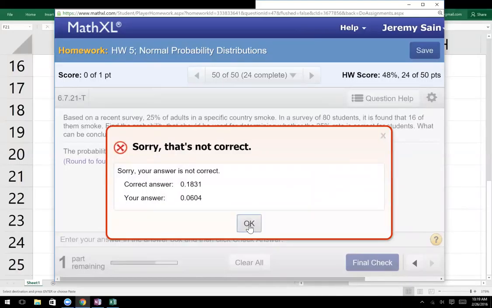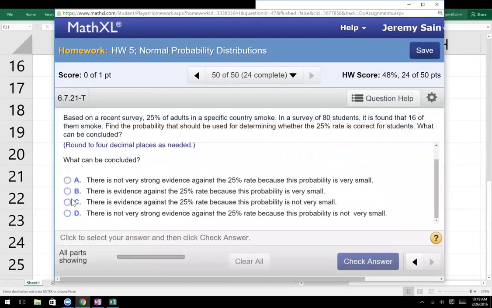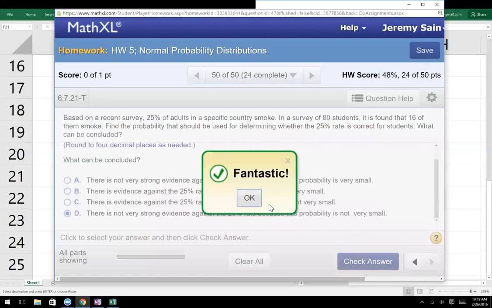That is okay. Anyway, is it small? Yes, not very small. I mean, it's small, but it's not very small.